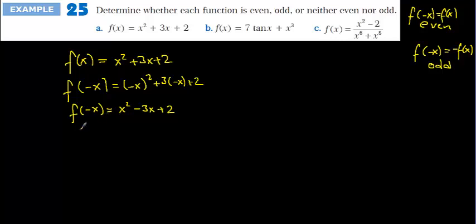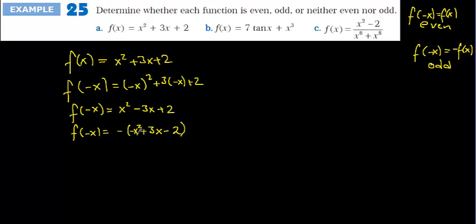And I'm going to get minus parentheses. Is it equal to minus fx? That's why I'm going to get minus parentheses f minus x, which is equal to minus x squared plus 3x minus 2.